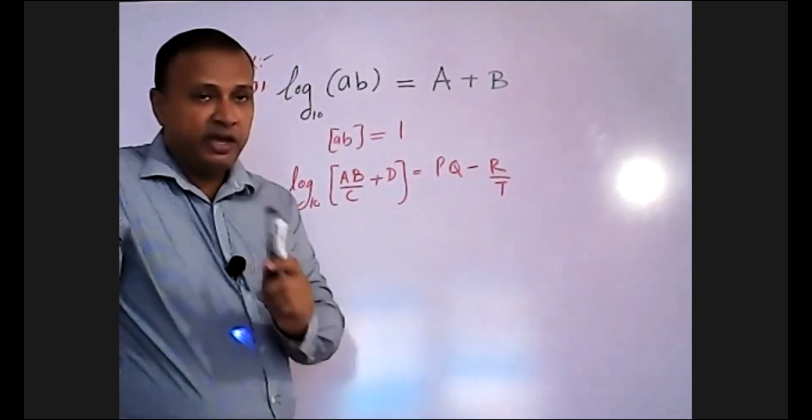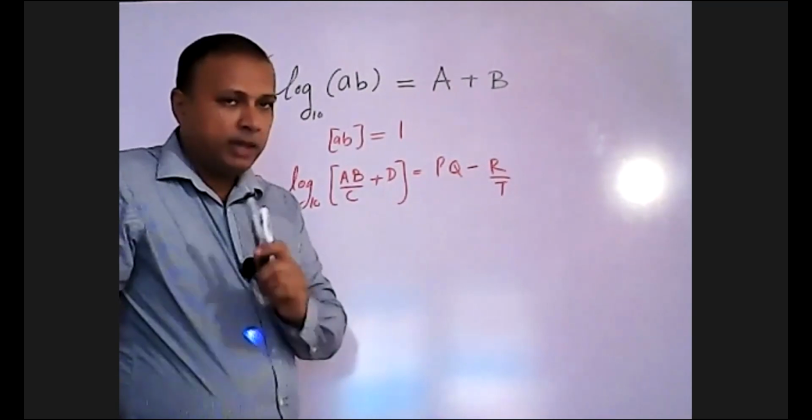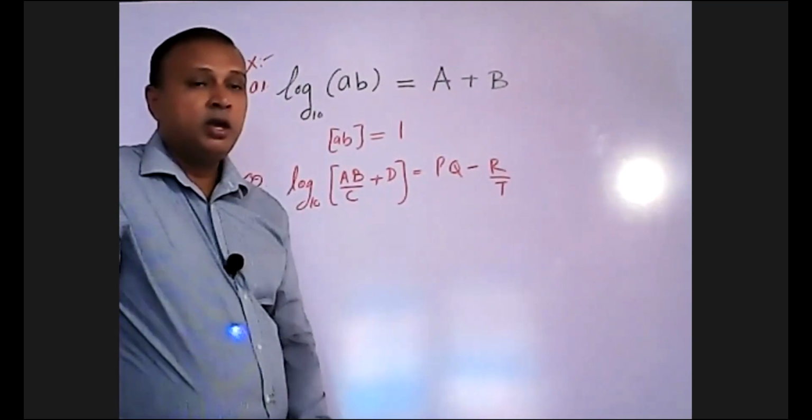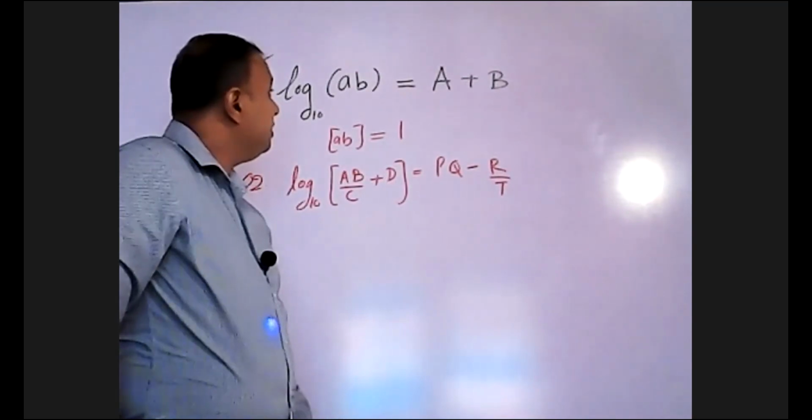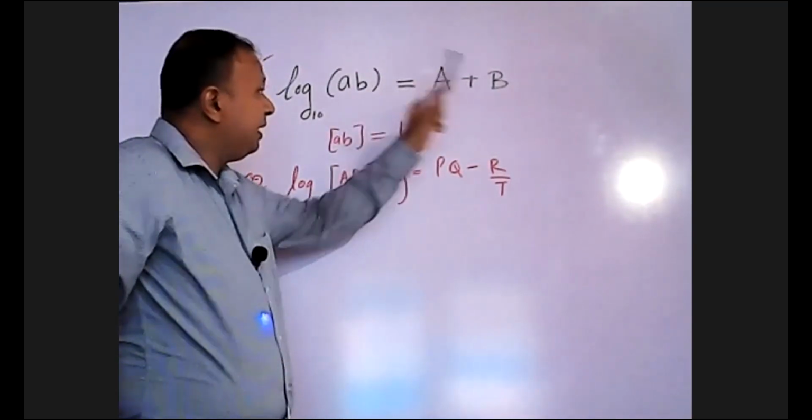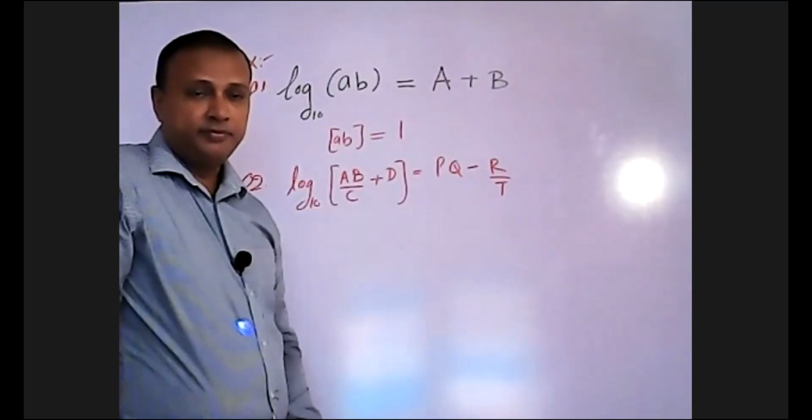In here, if you are given the dimension of simple A, you can determine the dimension of simple B, and capital A and capital B. How to do that?